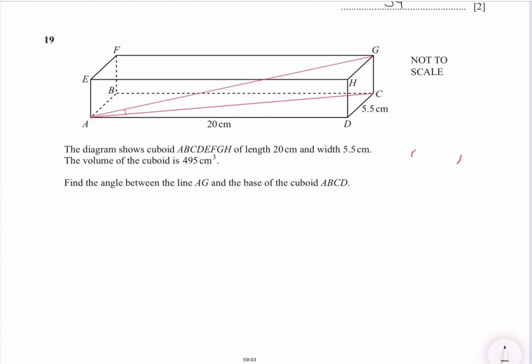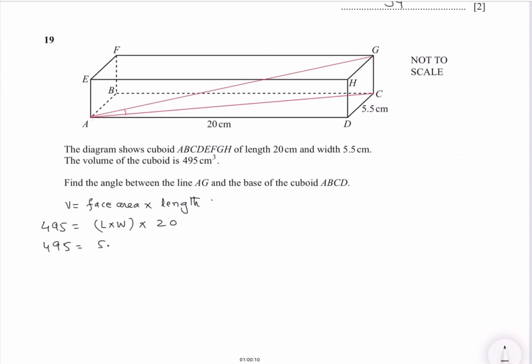To find GC first, we can use the formula volume equals face area times length. So volume is 495 and the face area is a rectangle, which is length times width, and the length of this shape is given as 20.